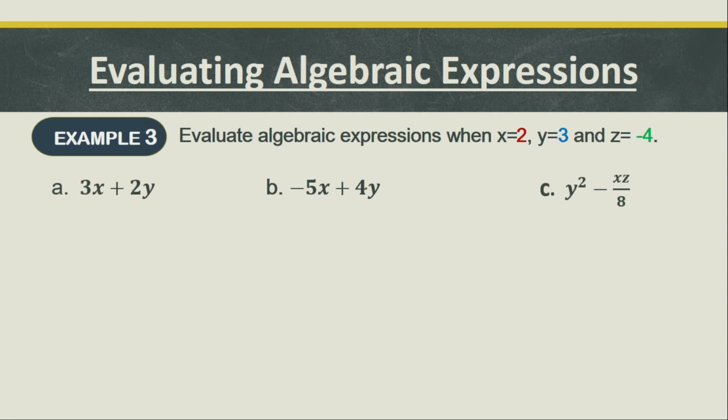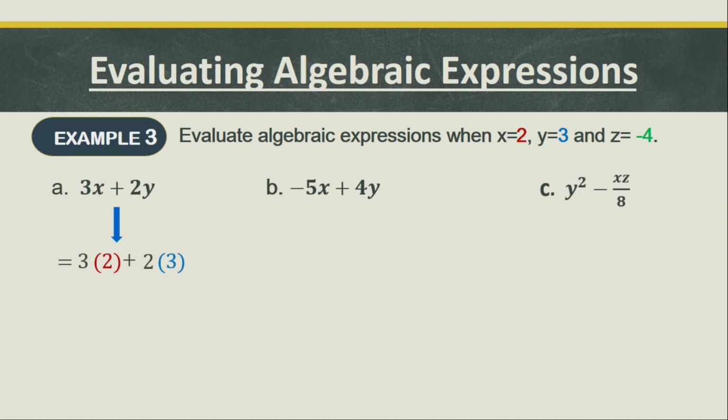Let's start with 3x plus 2y. Substituting the value of x and y, so this is equal to 3 times 2 plus 2 times 3. Again, don't forget the PEMDAS rule. Multiplication must be performed first before the addition.